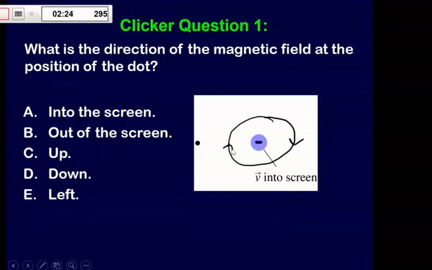So if I just use the right-hand rule, I get that there, which would imply that the magnetic field would be going up, okay? So why is the magnetic field, in fact, going the opposite way? Can anyone tell me? Because it's an electron, okay? I'll just give you a little bit of warning.